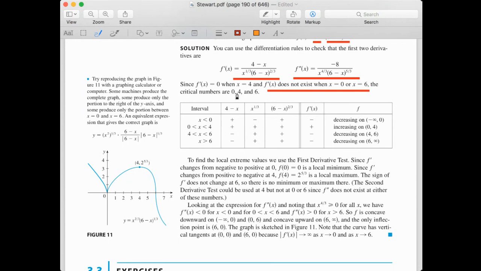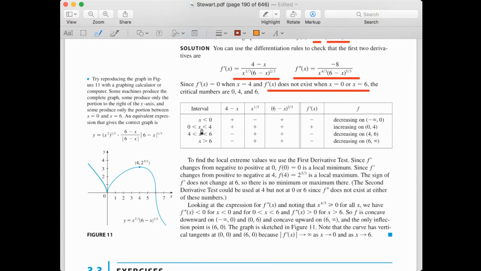So we want to figure out those factors. We have 4 minus x in the numerator. In the denominator, we have x raised by 1/3 and 6 minus x raised by 2/3, right? Because all we need is to figure out if the derivative function is positive or negative.